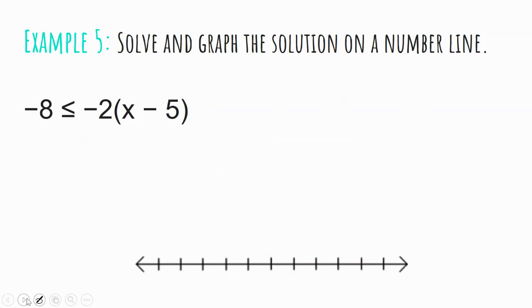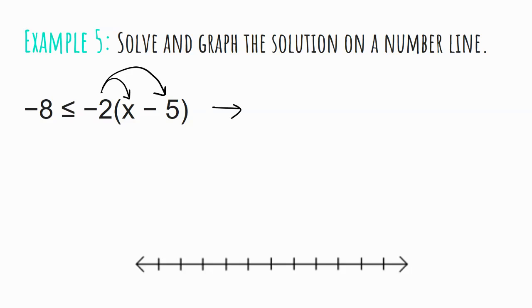Okay, last example. So this one's a little tricky again. It's got one more extra step that we need to be careful of. Now remember, whenever we are simplifying expressions or solving equations and you see something like this, where you have a -2 outside of a binomial, or what we call the quantity x minus 5, you need to distribute the -2 through the parentheses, okay?